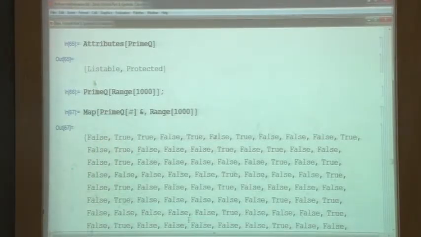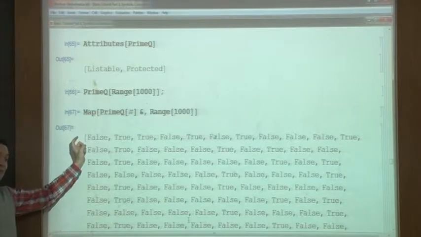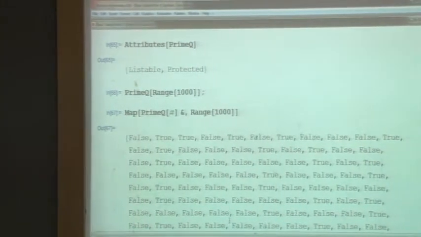How do we do that now? She already knows the answer. Do you understand what I mean? How can we now get a list with two elements? The first element the number, the second element whether it's true or false, the PrimeQ result. How can we do that?